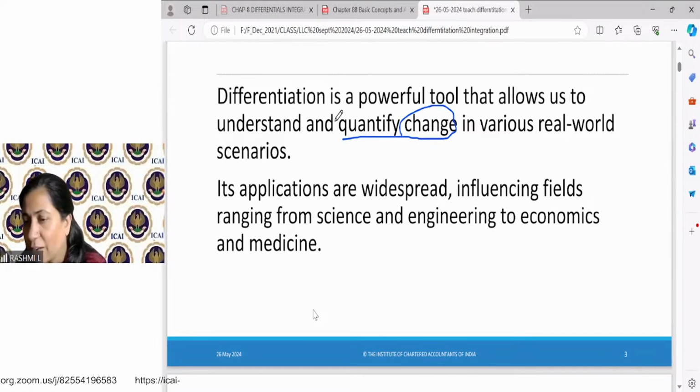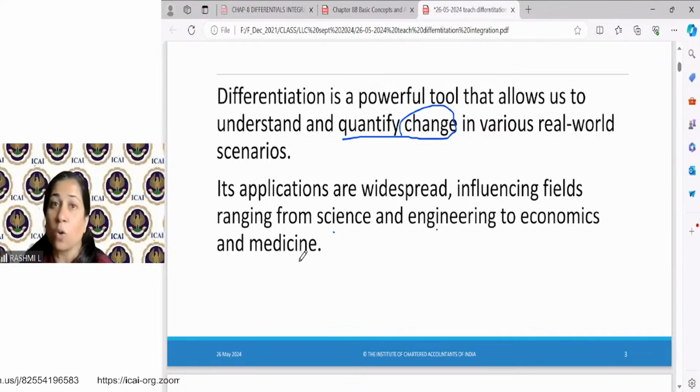And for that, we must understand what type of change we are trying to study, and we want to quantify, that is, we want to put it in numbers in various real world scenarios. The applications are widespread, influencing fields ranging from science, engineering, economics, and medicine. So, as you can see, it is also applicable to us, the chartered accountancy course and finance.